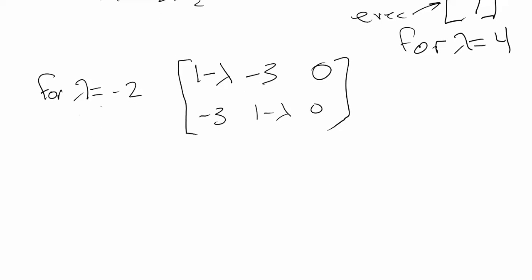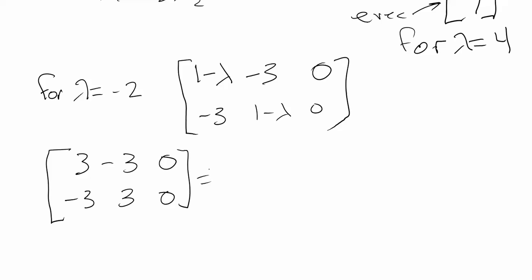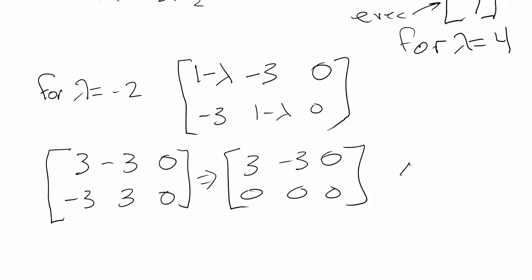And when we plug in a value of lambda equals minus 2, we end up with 3, minus 3, 0, minus 3, 1 minus a negative 2 or positive 3, 0, which through Gaussian elimination we can see we get 3, minus 3, 0, or x1 is equal to x2, and that suggests an eigenvector of 1, 1.